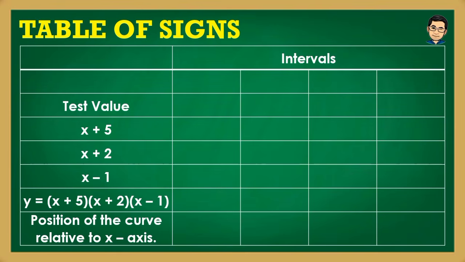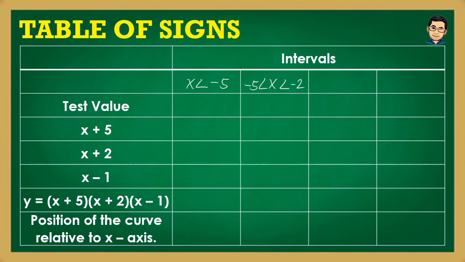So, isulat lang natin ulit yung mga intervals na kanina. So, x is less than negative 5. So, saan natin nakuha yung negative 5? Yun po yung root. Okay? And then, x is less than negative 2 but greater than negative 5.